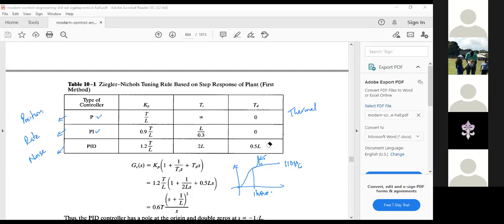After you have done that, then you can work out KP, the gain for the proportional controller, and the gain for the integral controller. This is not KI, this is TI. Let me just make a point here.